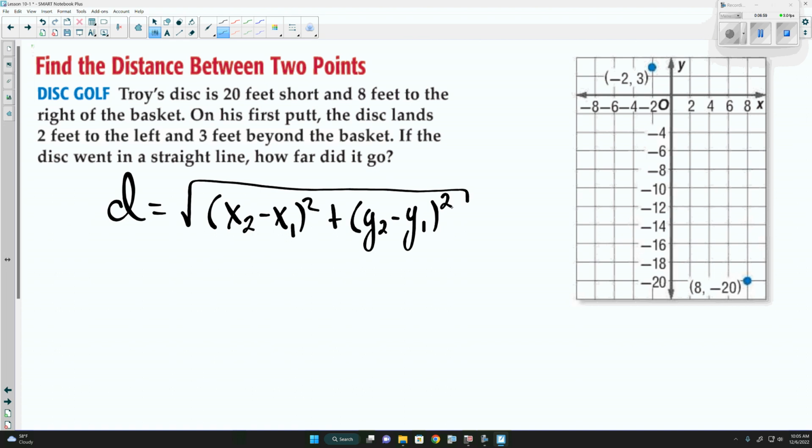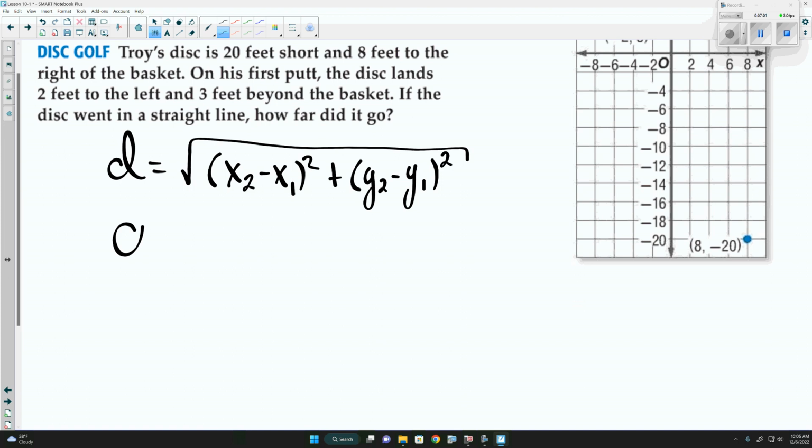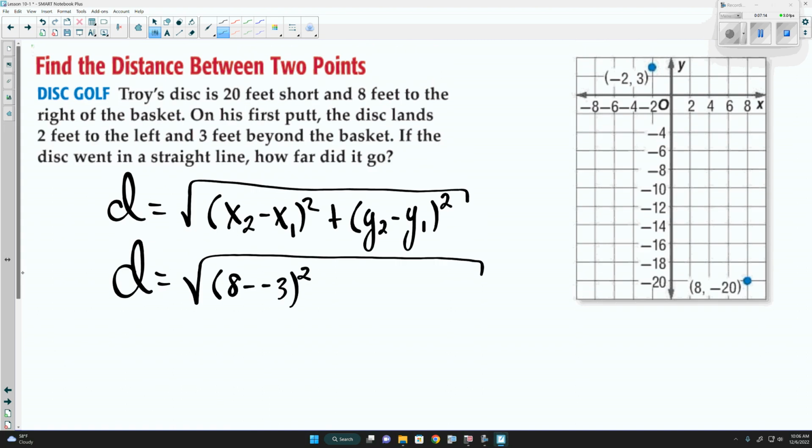So our two x values are 8 minus negative 2, because the negative negative here would make a positive. And our two y values we can say are negative 20 minus 3.